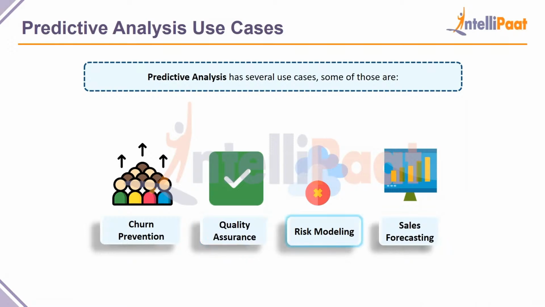Then there's risk modeling. So as we have already seen that there are certain areas in which having a clear idea of how things are going to go in the future can be really beneficial. And in this scenario, risk modeling refers to that. What risk modeling allows us to do is it allows us to figure out how much risk is going to be involved in investing in a particular strategy, investing money or time, however, but it could lead to drastic results in whether or not we should invest in a particular technology or a strategy or not.